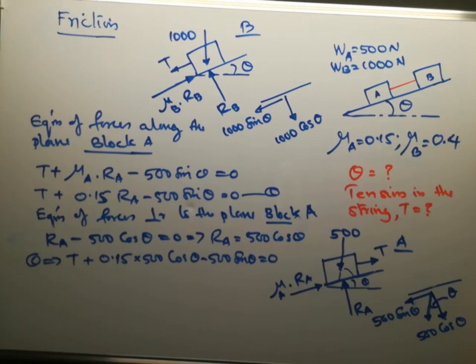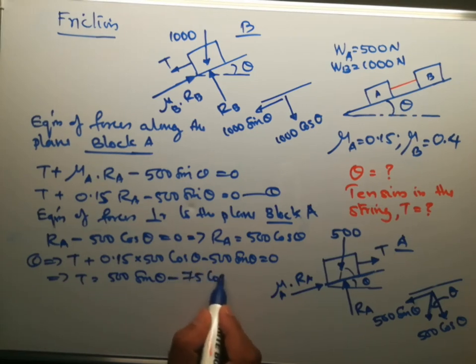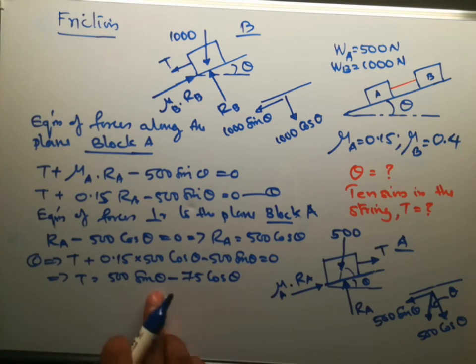So this will give T is equal to, we take these two terms to the right side, that is 500 sine theta minus 75 cos theta. That will be the equation for T. So once we get the value of theta, we can easily find out T.